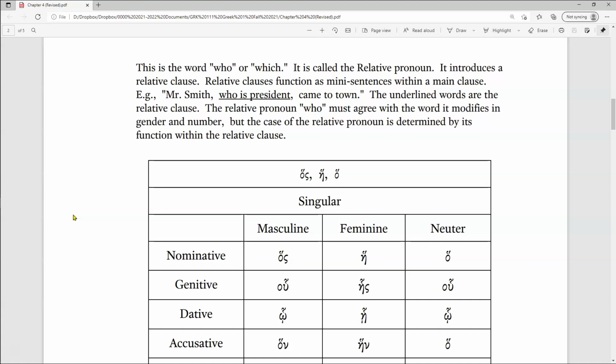Like you see, all right, consider this sentence. The man for whom I worked is very old. What case is the man in? Nominative, because it's the subject of the main clause. What case is old? Because it's the predicate adjective.